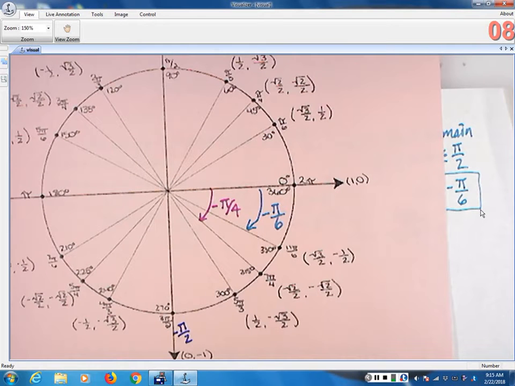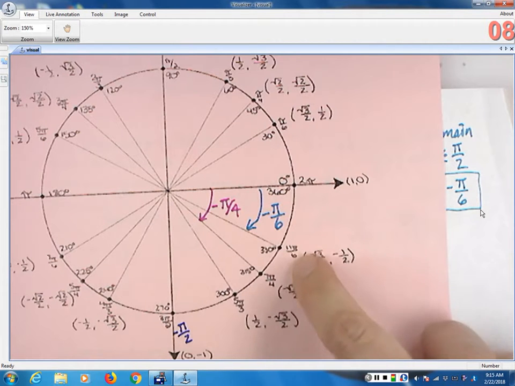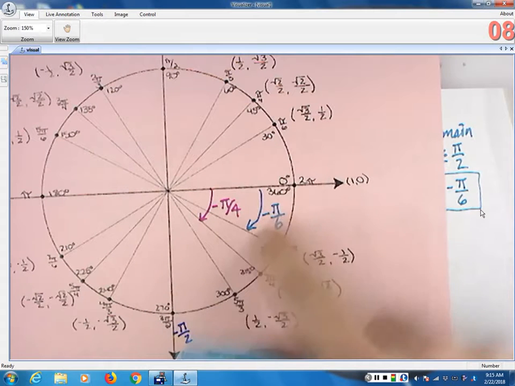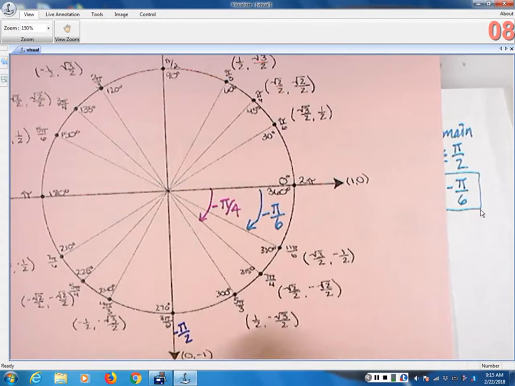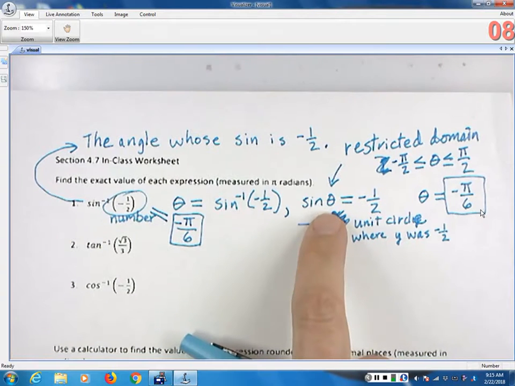Or, what do we have left to get to 2 pi from 11 pi over 6? 1 pi over 6. And it has to be, we're going from minus pi over 2 to pi over 2 with the sine function.